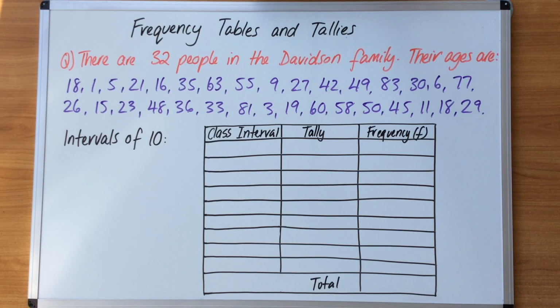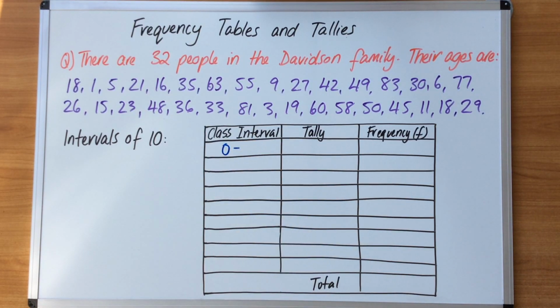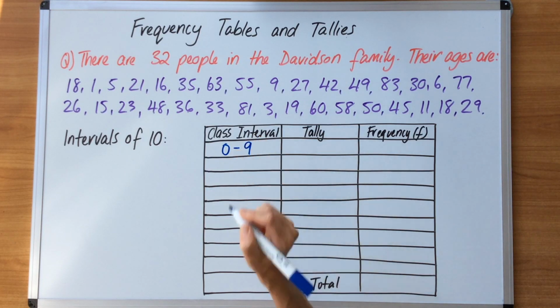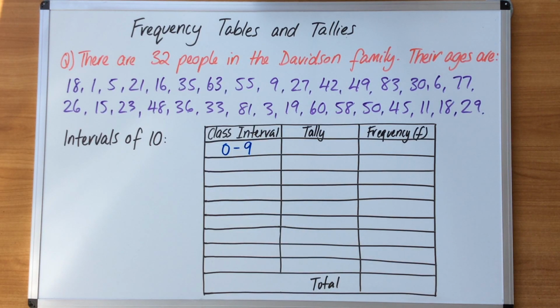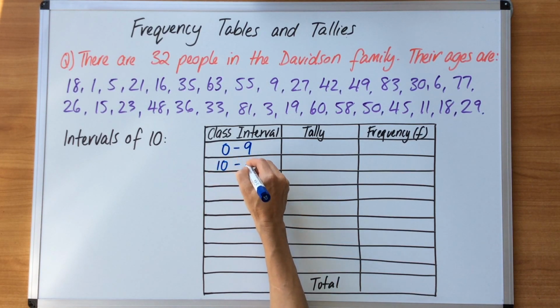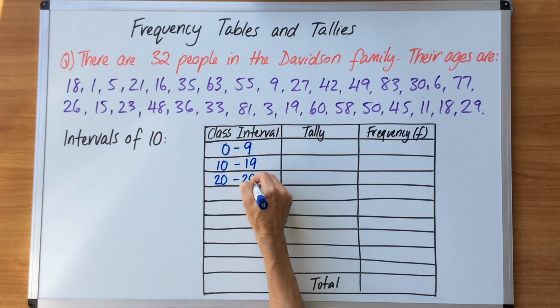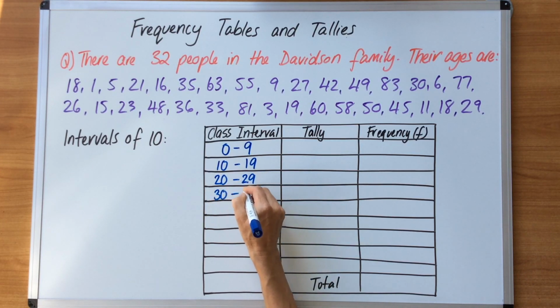Okay, so we're going to have a look at the intervals. We always start at 0. So the smallest number is going to be at 0, and we're going to make an interval of 10, which means 0 to 9. We then continue that pattern all the way down the page, creating intervals of 10.